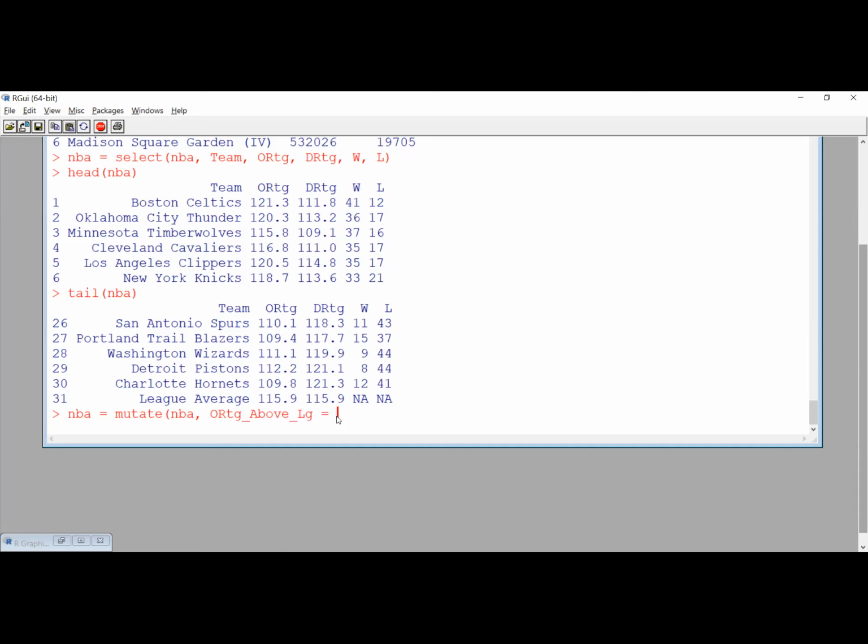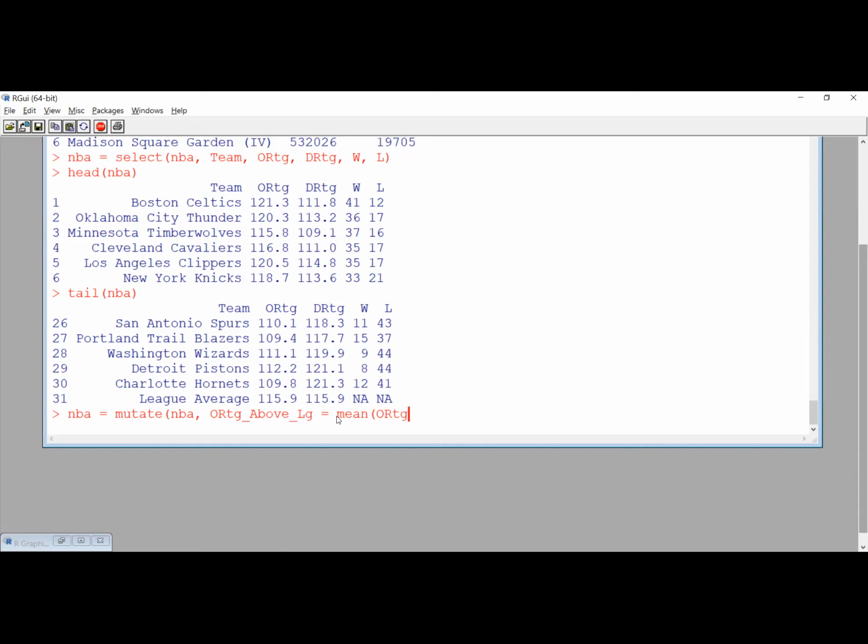Okay, and what should this be? This is just ORTG minus, I can just use that number. It's not any different. I don't think it's stored to more accuracy or anything. If you want, you could just put it in or write mean. If you don't trust that, you could write mean ORTG.